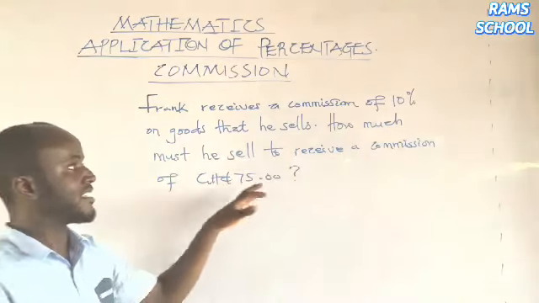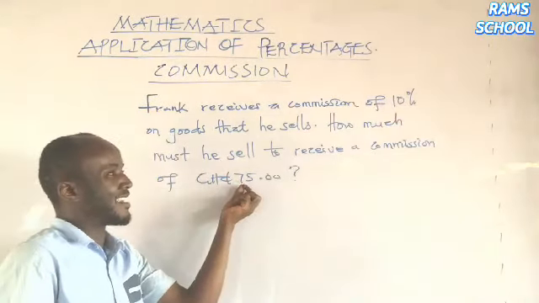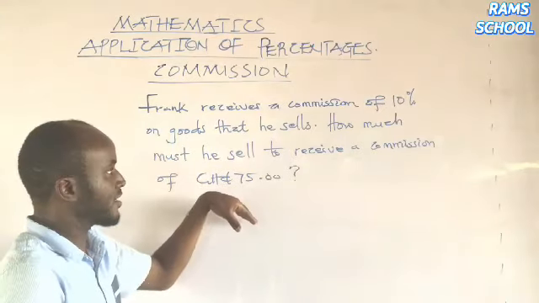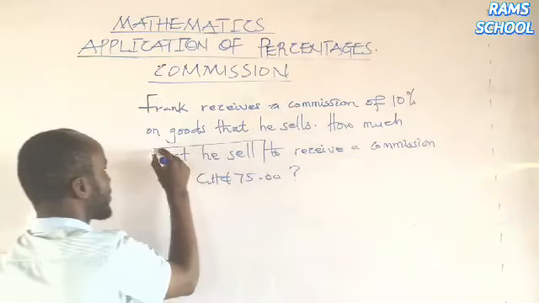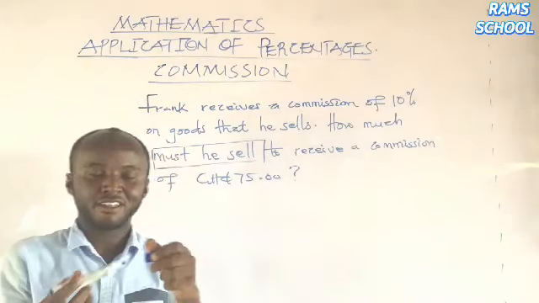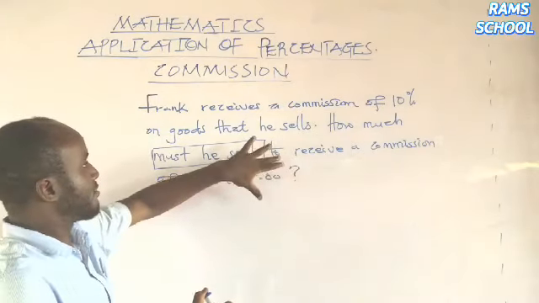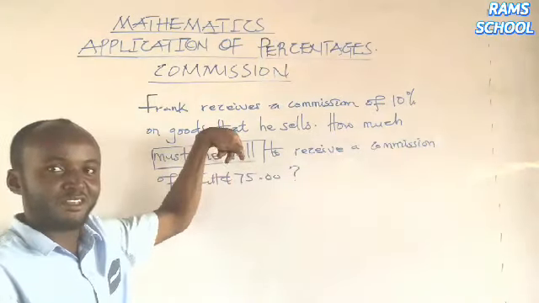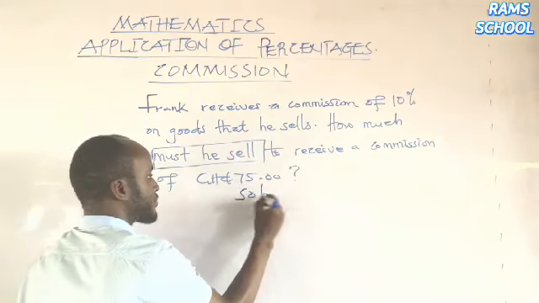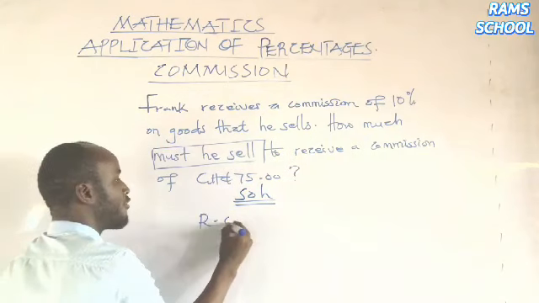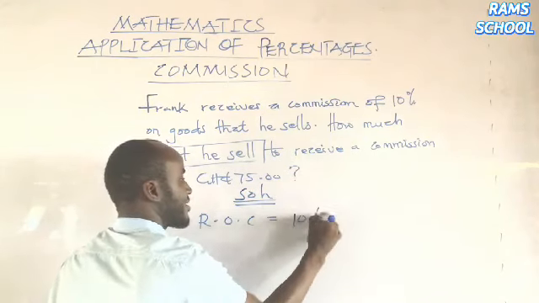From this question, we can see that the 10% here is the rate of commission, and this 75 Ghana cedis is the actual commission that he received. The question is, how much must he sell? So what do you think we are finding? They want us to find the total sale, because the total sale represents the amount that he must sell in order to receive that commission. So based on this question, we know our rate of commission to be 10%.